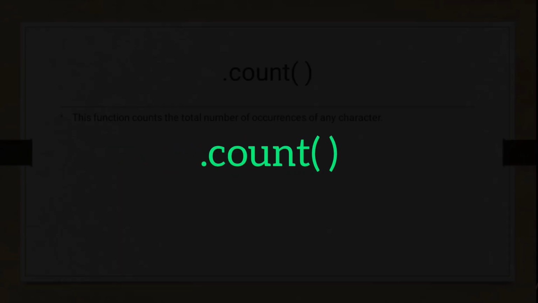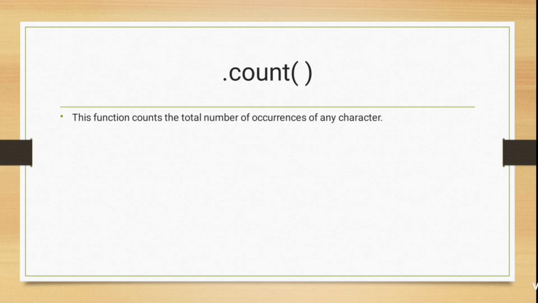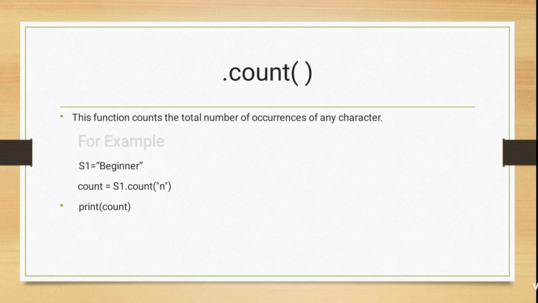Now the count function will count the number of occurrences of any character in a string, right? Let's see with an example. We have a string here, beginner, and then we have a variable count, and then the name of the string s1, and then the count function.